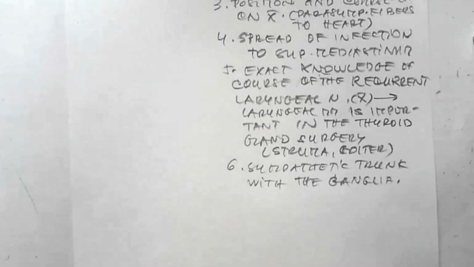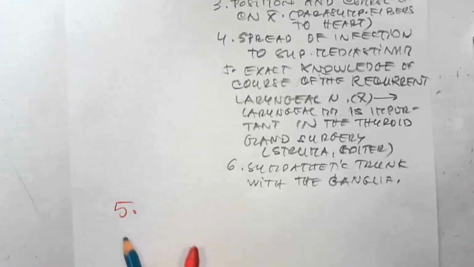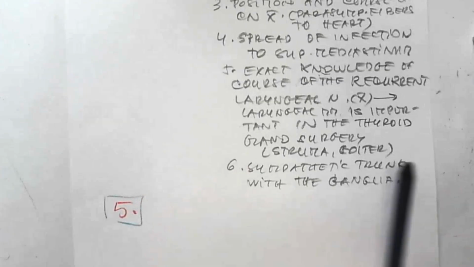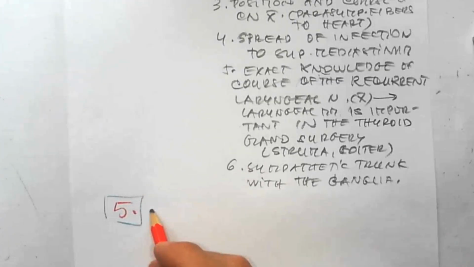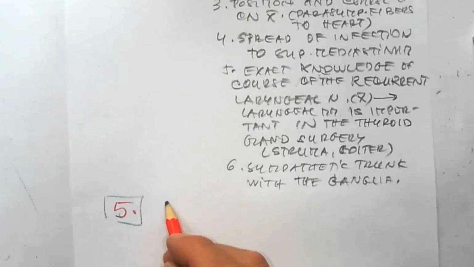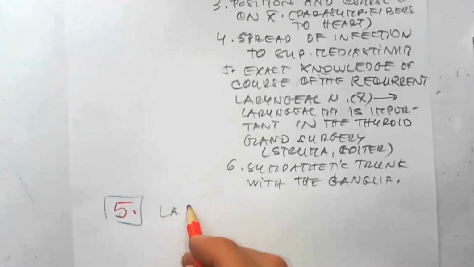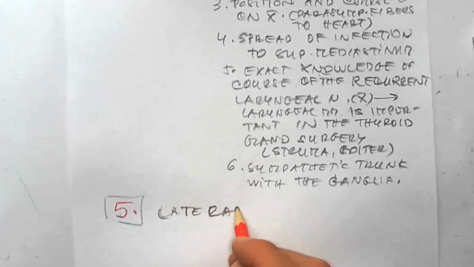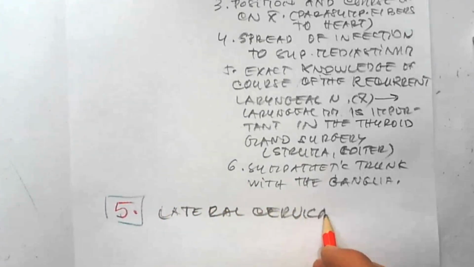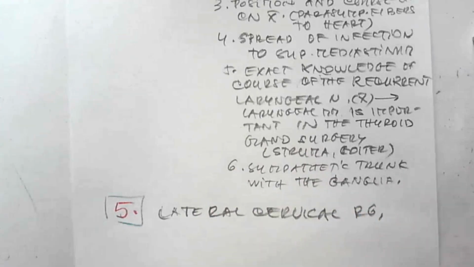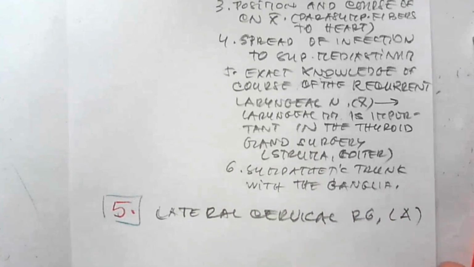If the carotid trigone was number 4, number 5 would be the lateral cervical region, and I will send you the lateral cervical region and the scapulovertebral region, the 2 last areas, as a handout by email. There's also sternocleidomastoid, but this is very simple. So this text will be sent completely to you.